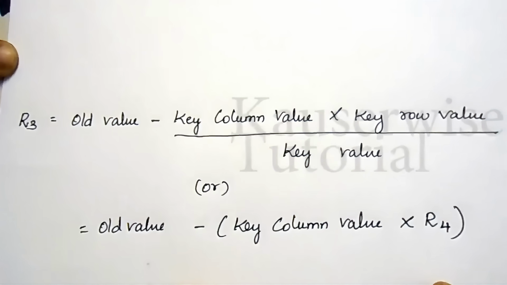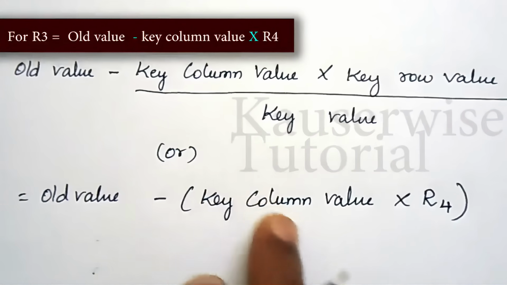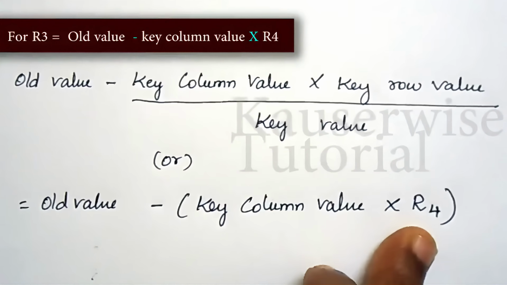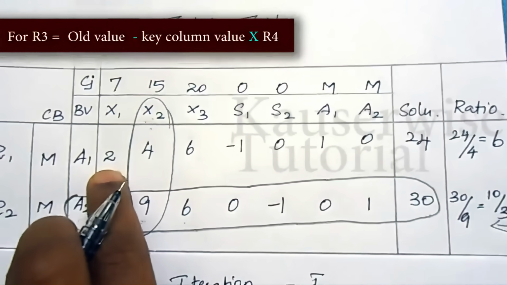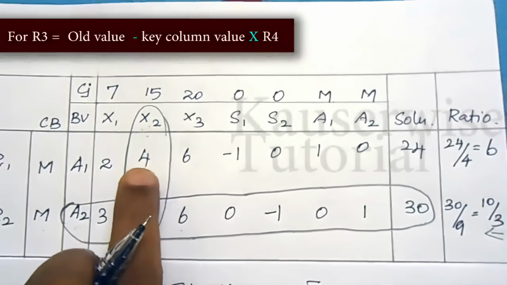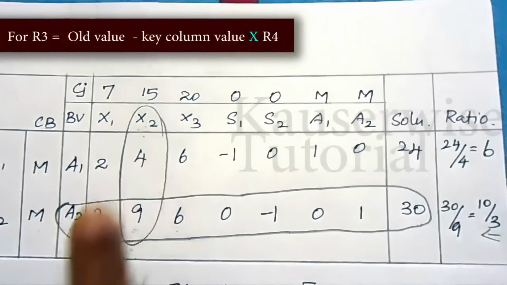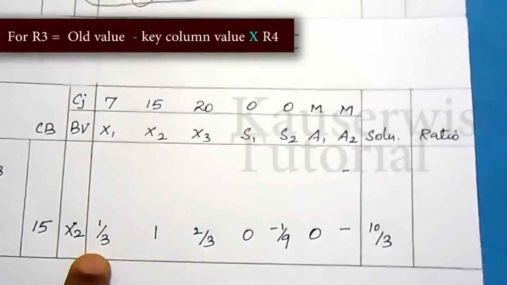Let me explain with the problem. Old value minus key column value into row 4 value. Look at the initial table. Old value is 2, minus key column value 4, into row 4 value 1 by 3.